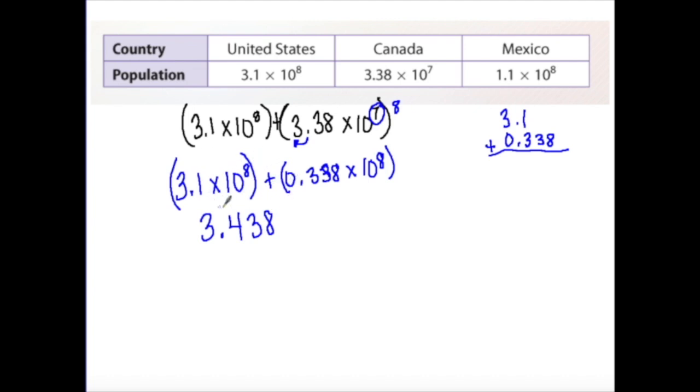And then remembering that it needs to be times the power of 10, I'm going to write times 10, and the power of 10 is 8 in this situation. Now, checking to make sure that this number is in scientific notation, 3.438 is greater than 1 and less than 10. So I can use this.